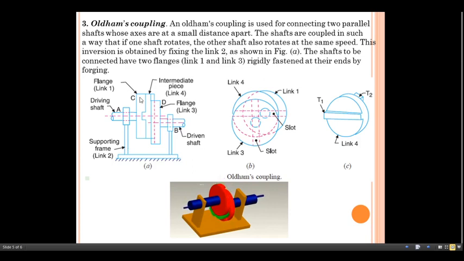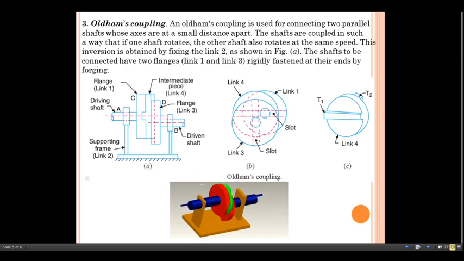Here is flange number 1 and here is flange number 3, rigidly fastened at their ends by forging. And if you look towards this one, the intermediate piece will act as link number 4.